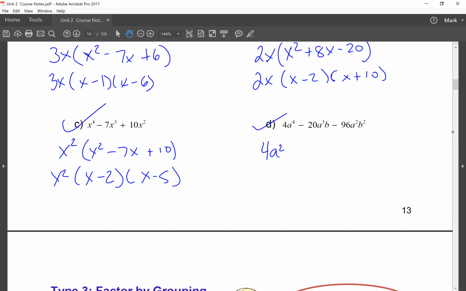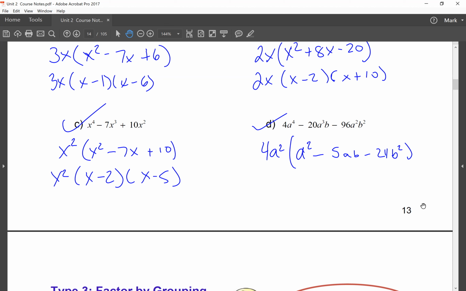So my GCF here with this trinomial is 4a squared, which would leave me with a squared minus 4, and then 5ab. Don't worry about the A's and the B's, not yet anyways. And then I would get, this is a tricky one, minus 24b squared. Sorry.